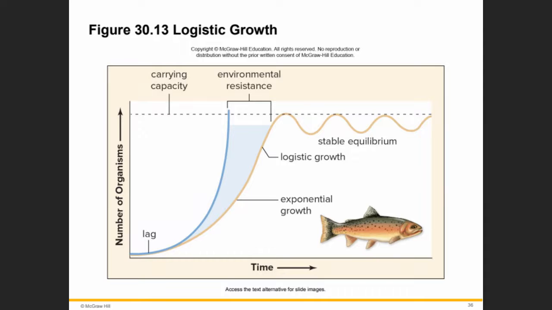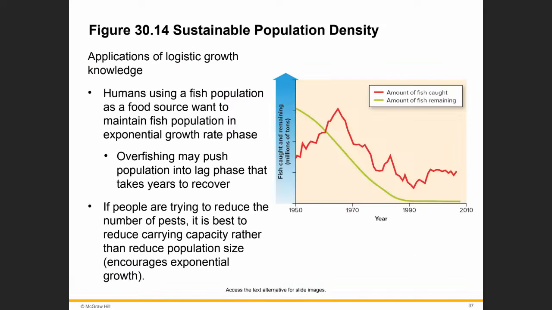A fish is shown in this graph to cite an example of this type of logistic growth. The next graph is an application of logistic growth knowledge.